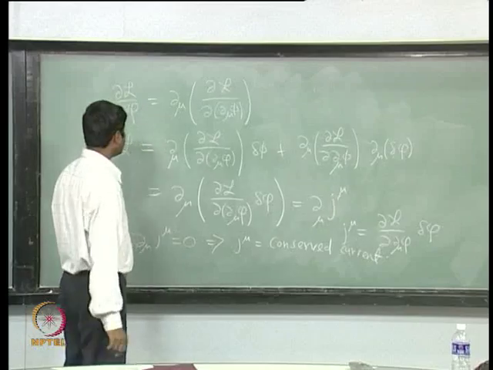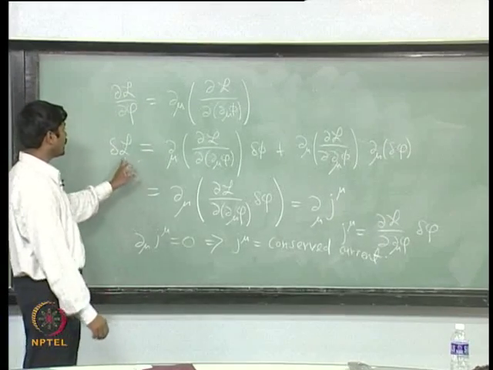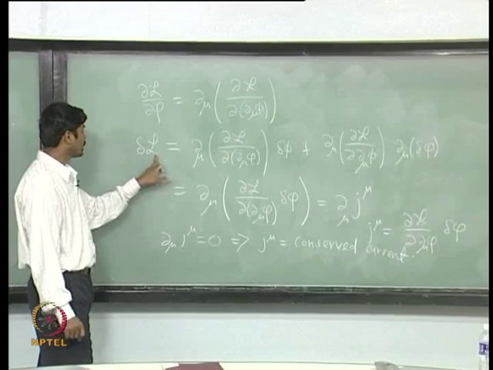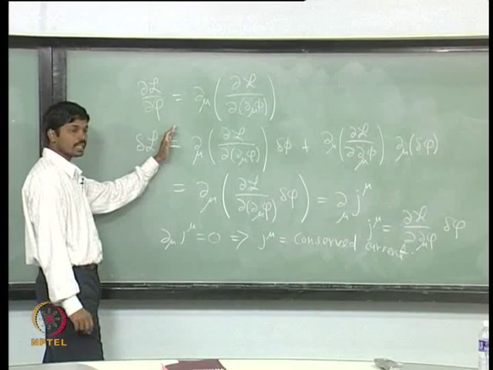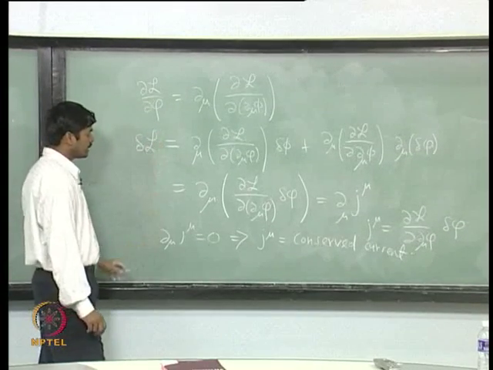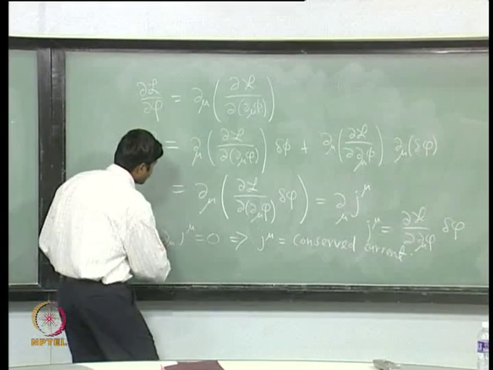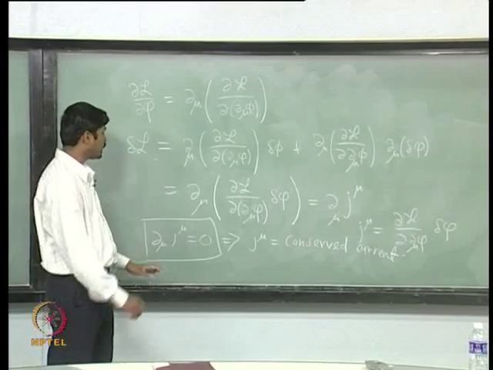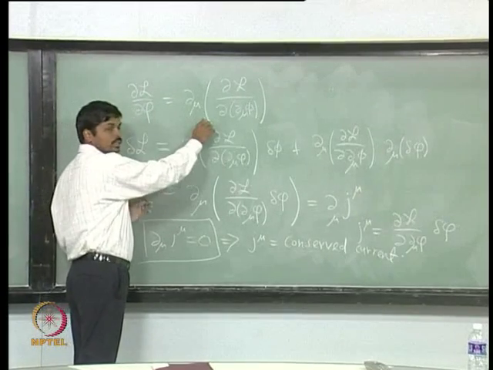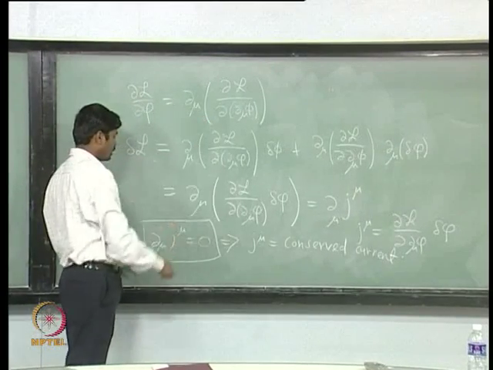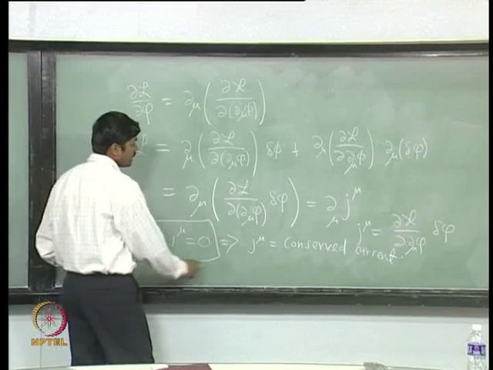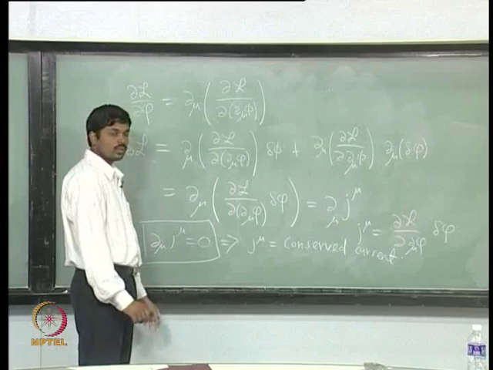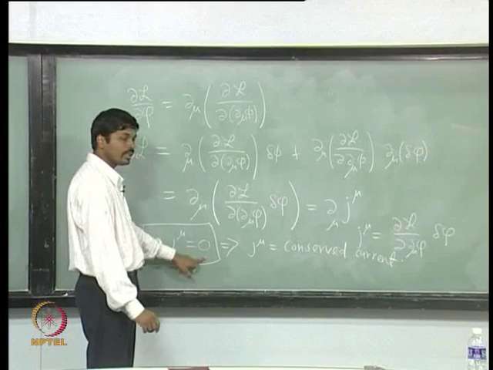So, what we have seen is that if we require the system to be invariant under a continuous internal symmetry transformation, then we get an equation like this, provided the field configuration obeys the equations of motion, and hence we get a 4 vector which remains conserved. What do we mean by some quantity which remains conserved?